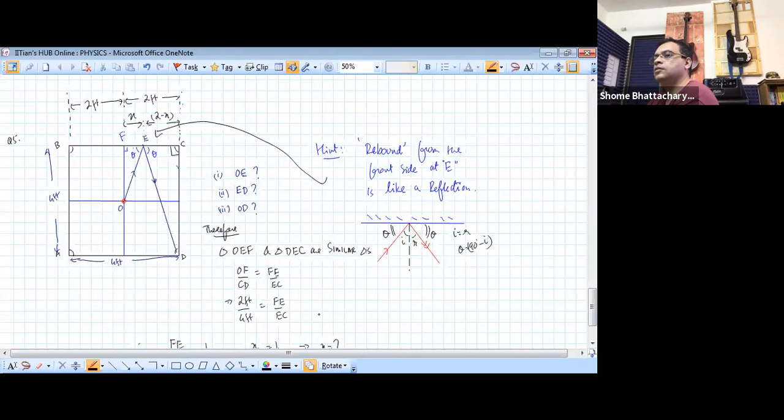Just take down the diagram first. Yeah, so are all of you clear up to this similar triangle step?